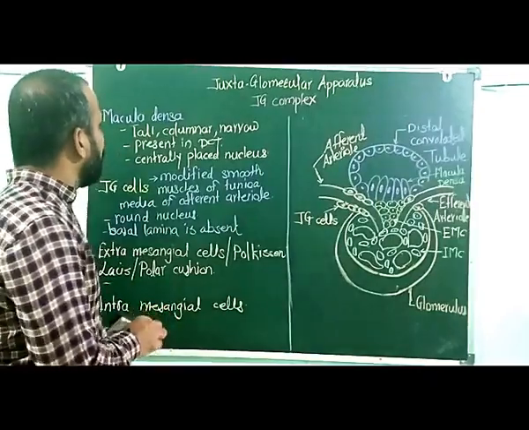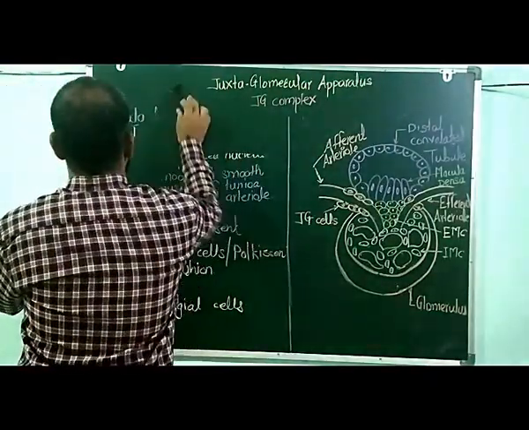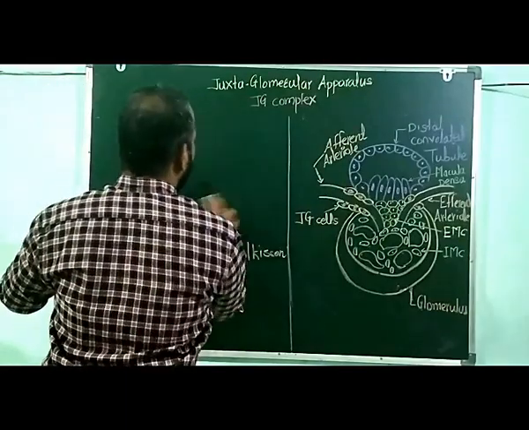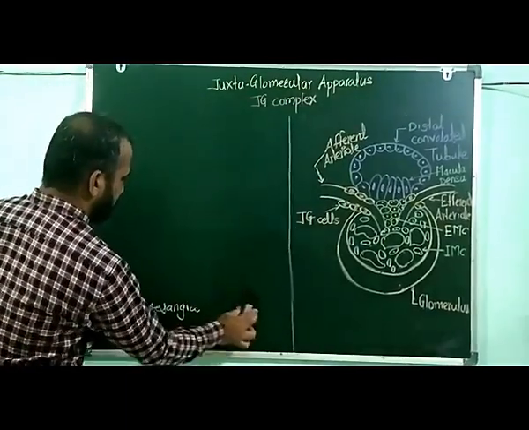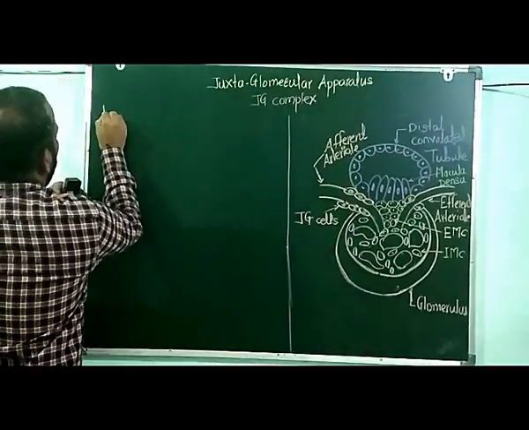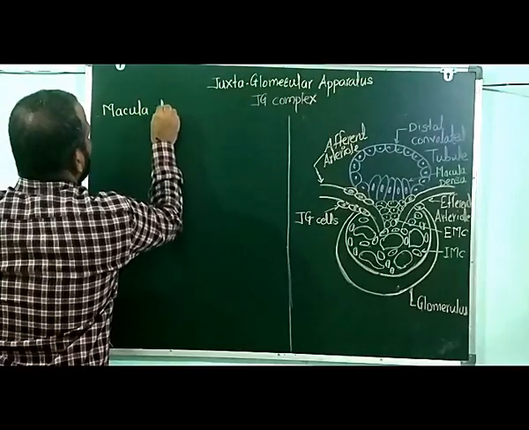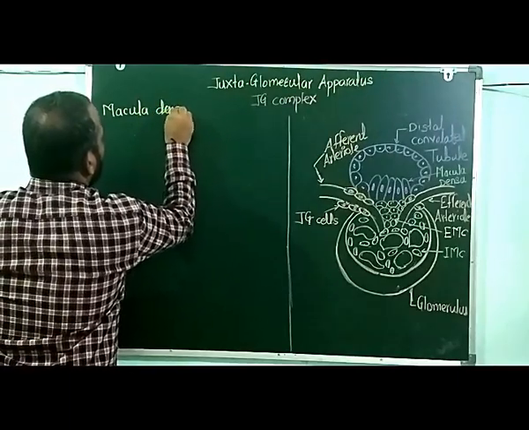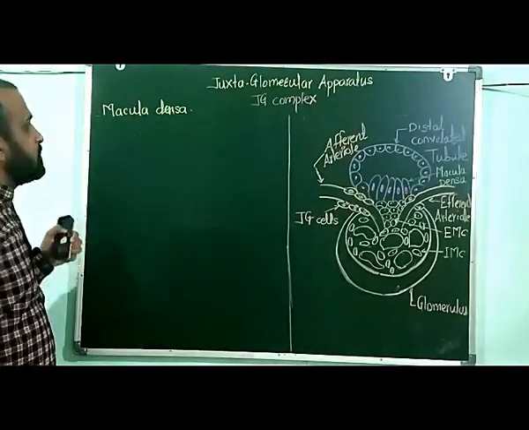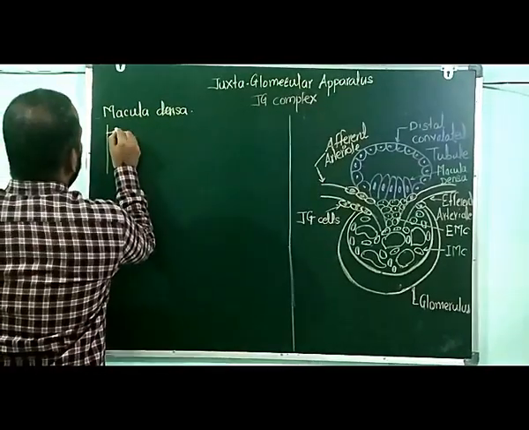Next point, what is the function of this particular Juxta Glomerular apparatus? Now, if you look at the Juxta Glomerular apparatus, the Macula densa cells present with the JG cells perform two functions.